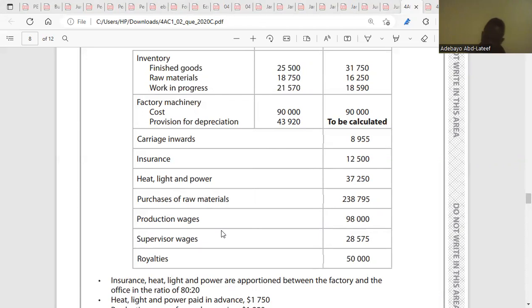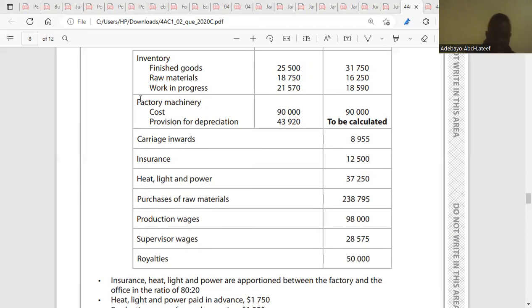All right, are you there with me? So depreciation on factory machinery, how do we get that? The cost of factory machinery is 90,000. So 90,000 minus the provision for depreciation, 43,920.